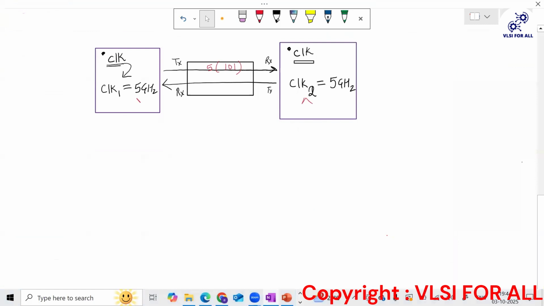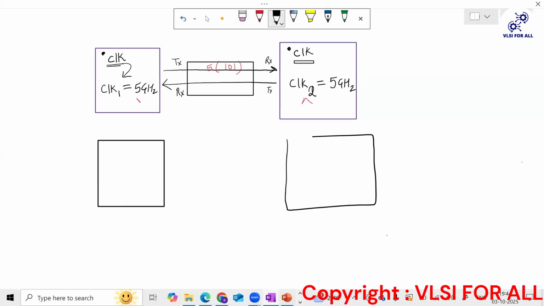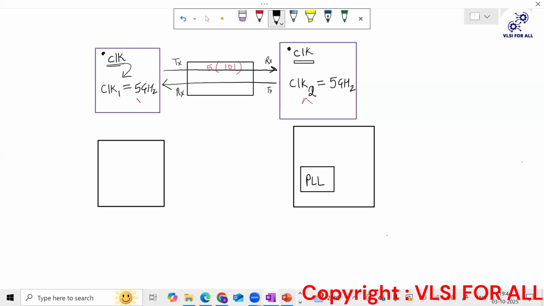So try to understand, guys. In PCIe, at the TX and RX, we have a PLL. Let's say this is the RX side. If we are working with PCIe Gen 4, there is a dedicated frequency for Gen 4. For example, let's say 5 gigahertz.